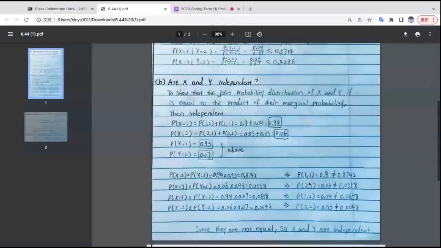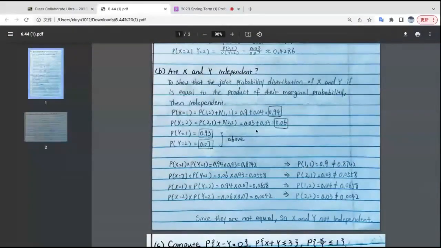0.4286. And B, are x and y independent? So in here we want to show that if the joint probability distribution of x and y is equal to the product of their marginal probabilities, then they are independent. So I first find the probability of x equal to 1, which is the probability of (1, 2) plus probability of (1, 1), and is equal to 0.94.